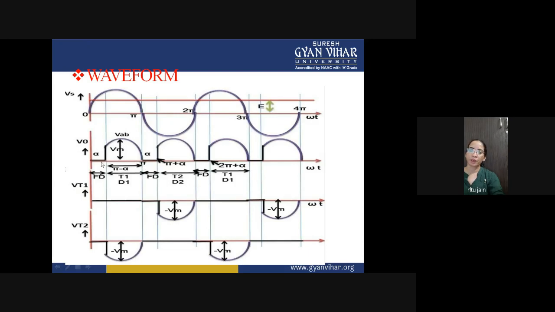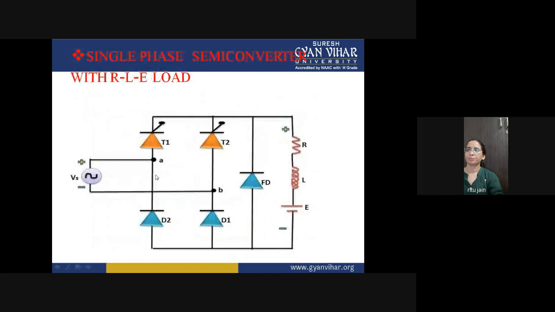For this particular period, when your waveform is negative and thyristor T2 is not turned on, and D2 is not in forward conduction mode, because of the inductor and battery, the freewheeling diode will be in conduction mode, and the current path will be like this. So the current will flow through the freewheeling diode.